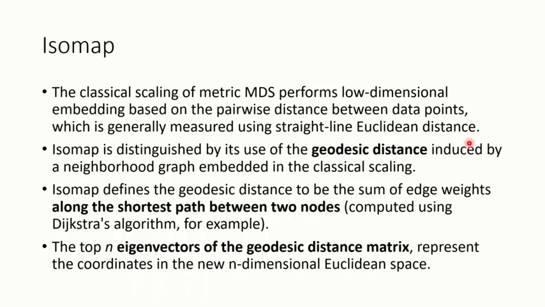If you have this distance table, you can, in your mind, map the location of those cities to reflect and satisfy the pairwise distance relationship between cities. So here is the same idea, but we are not using Euclidean distance to measure the distance between points. We have to use geodesic distance.